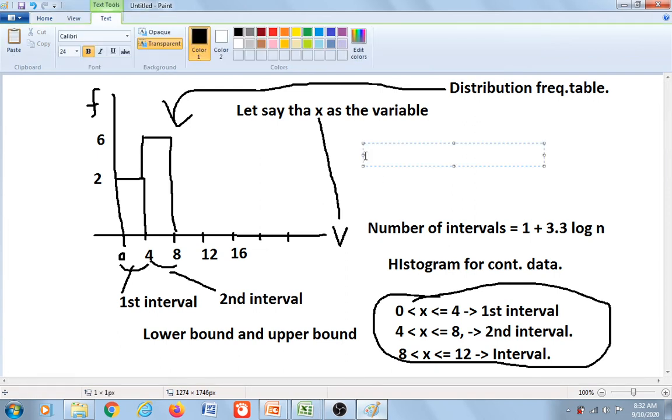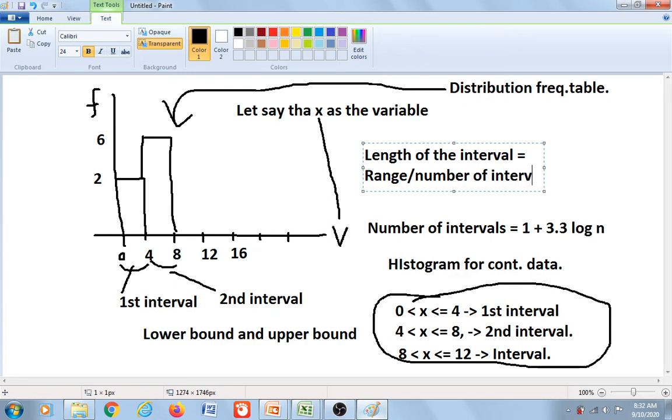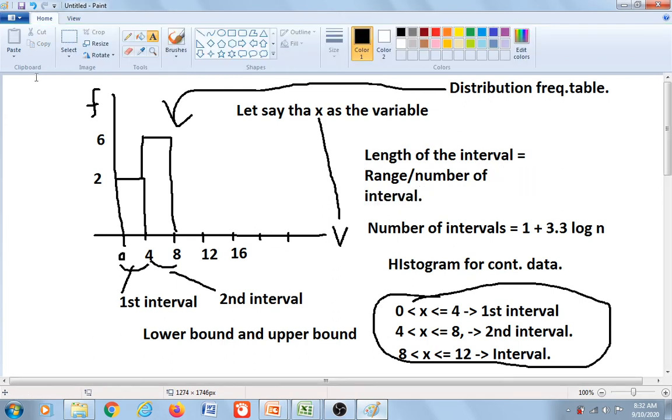So here we have the number of the interval. Now we need to decide the length of the interval. It is range divided by the number of intervals. And you know what range is.